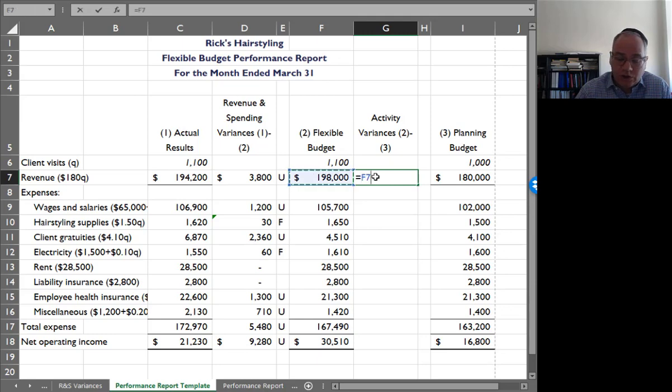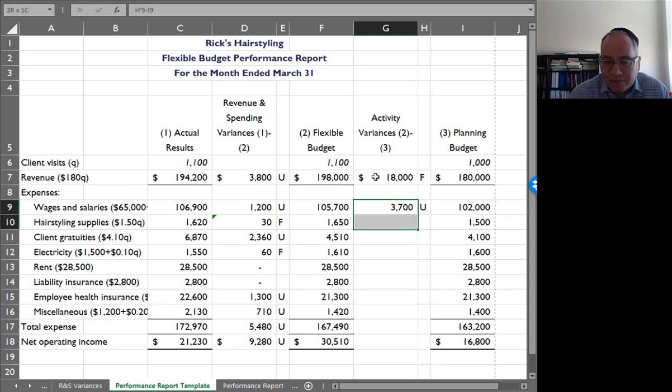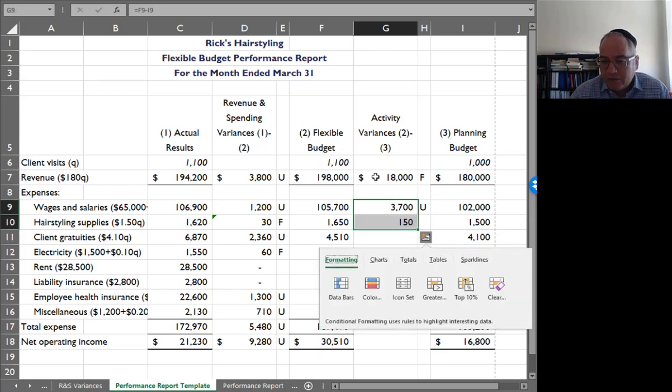So revenue should have gone up by $18,000. Wages and salaries should go up by $3,700. That would be unfavorable. And hairstyling supplies should go up by $150. That would be unfavorable.